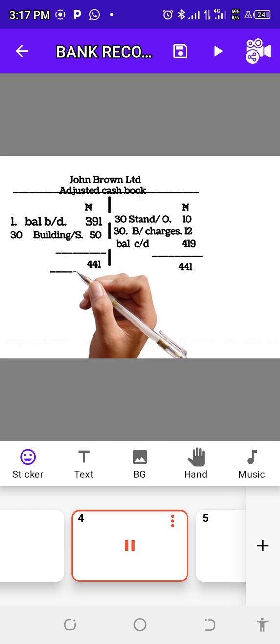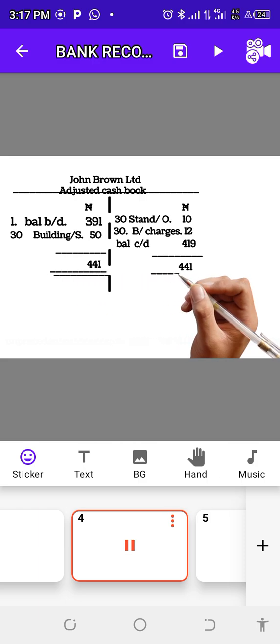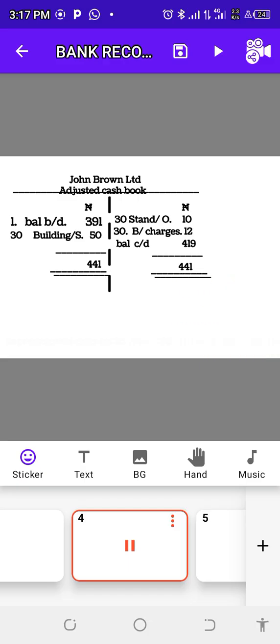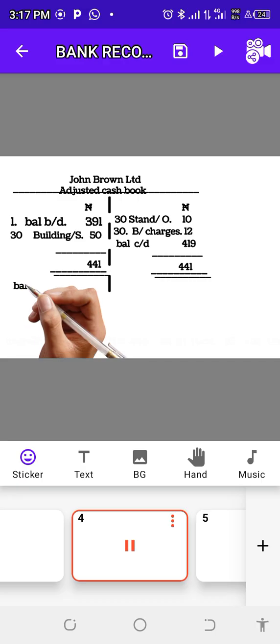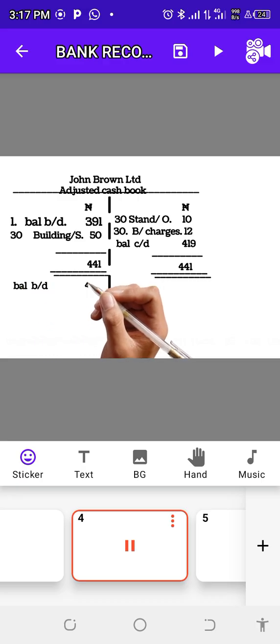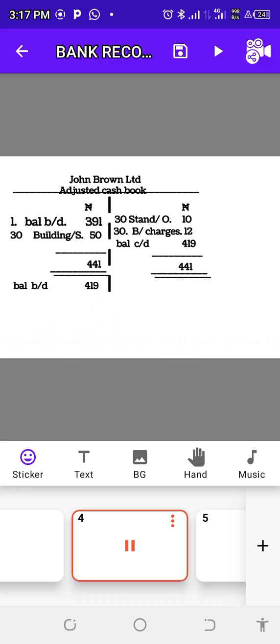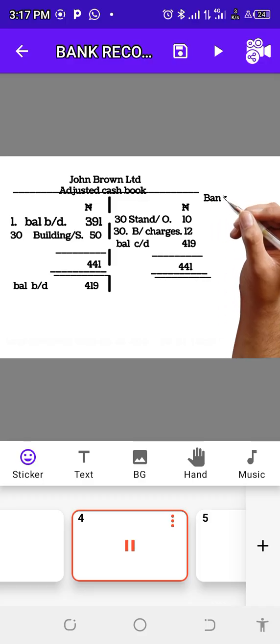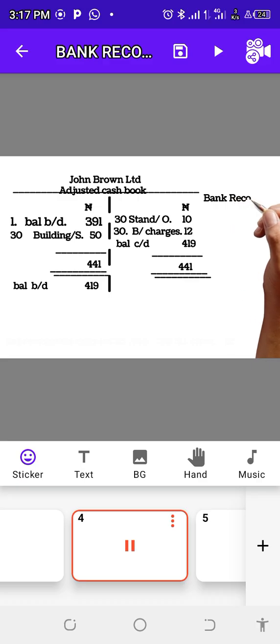Then we balance off and bring down the balance carried down. The balance carried down becomes the balance brought down, which is 419. This is the balance of the adjusted cash book, and this is what we are going to use to do the reconciliation.